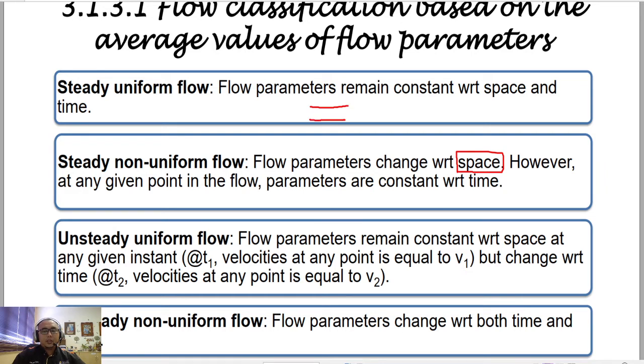Okay, so condition awal ni, ini adalah steady uniform flow sebab dia tak berubah terhadap masa, maksudnya dia tidak tiba-tiba laju. Okay. Lepas tu kemudian dia akan ada enlargement. So dia berlaku perubahan space. Kat sini dia dah berlaku perubahan space di sini.